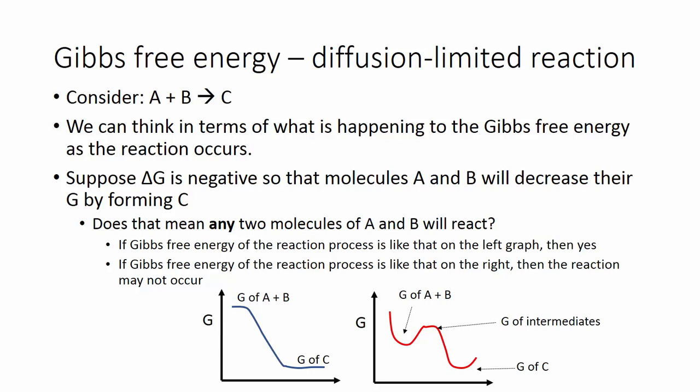Well, if the Gibbs free energy of the reaction process is like that of the left graph here, then yes, they'll go to a lower Gibbs free energy state. But if it is more like this on the right, where we have a higher Gibbs free energy of the intermediates, then the reaction may well not occur.